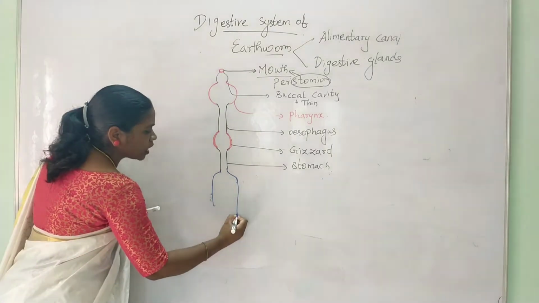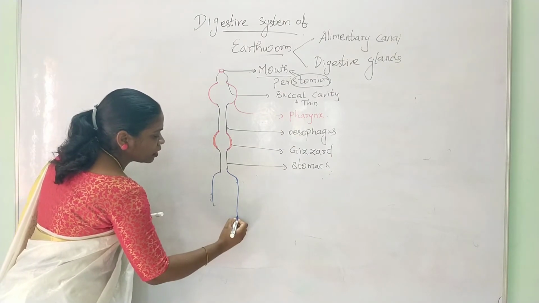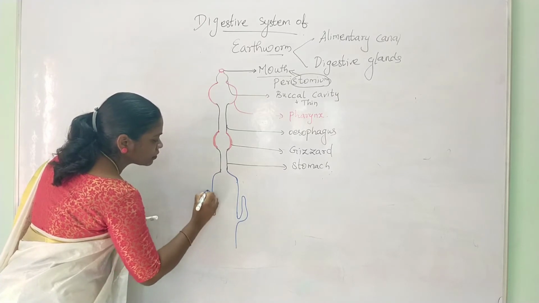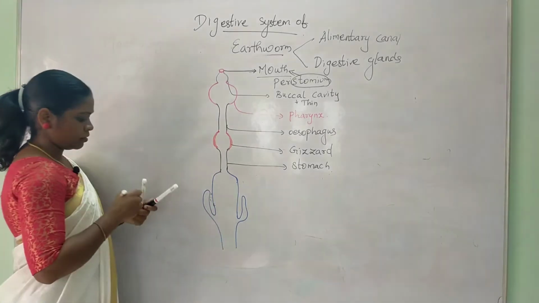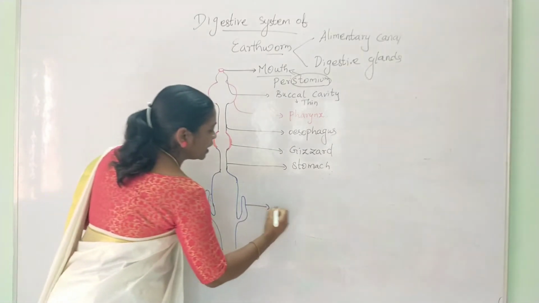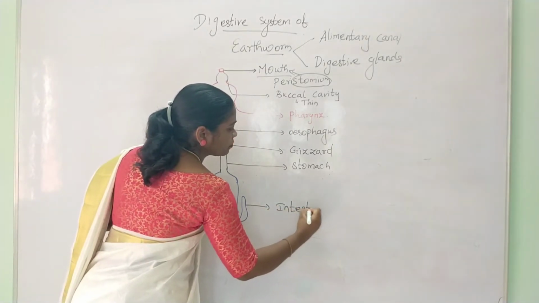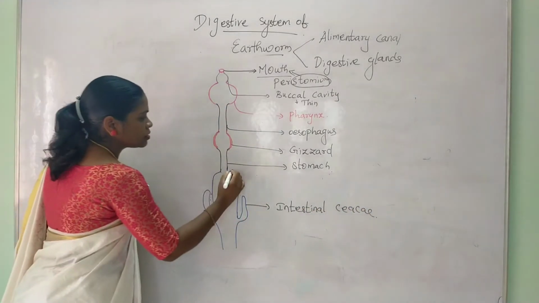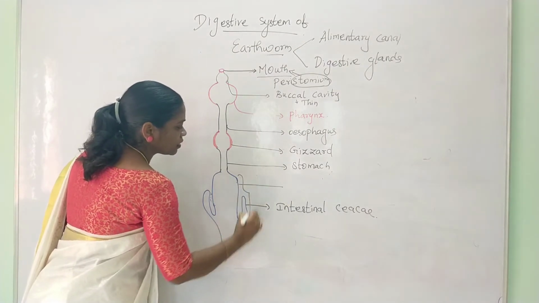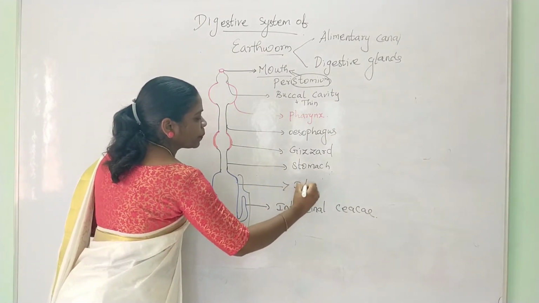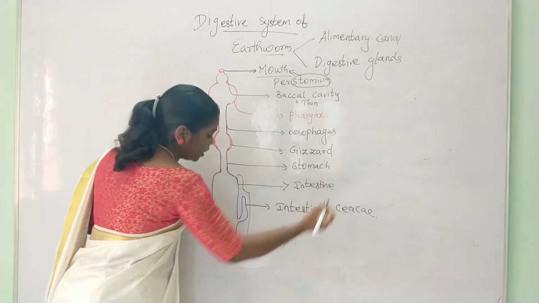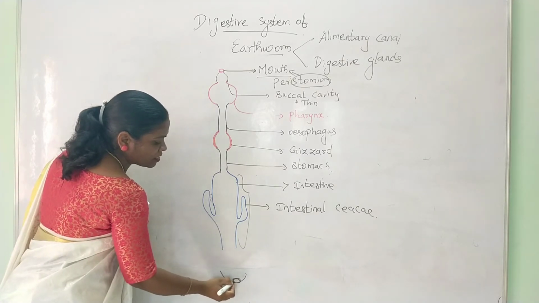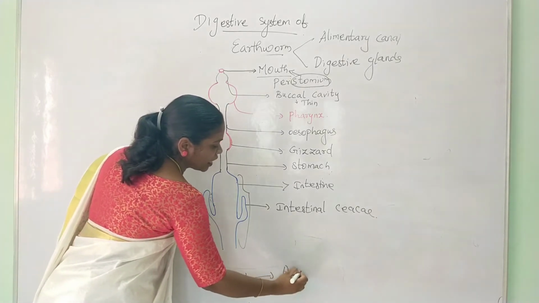There is one more structure which arises on the 26th segment of the intestine, known as the intestinal caeca. The intestine will run till the last segment, where we have the anus, a small opening.